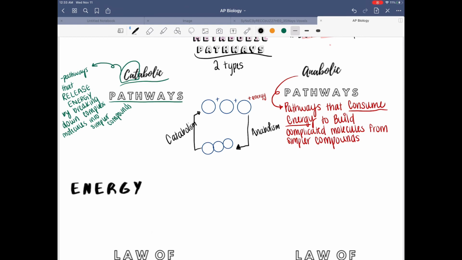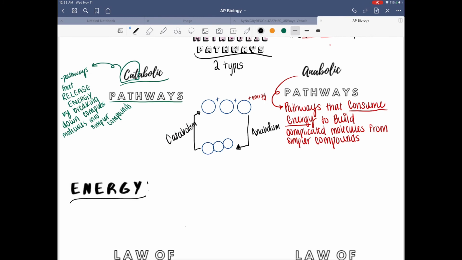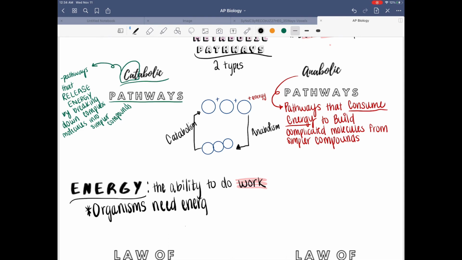Now let's talk about energy. So we know that all organisms are going to need energy, and energy is the ability to do work. Okay, so we've been looking at energy a lot within the cell, but it is important for us to also look at the bigger picture and understand that all organisms are going to need energy to survive and function.